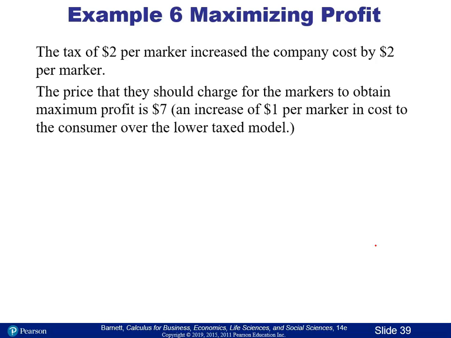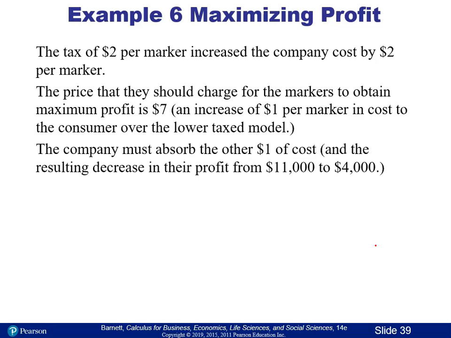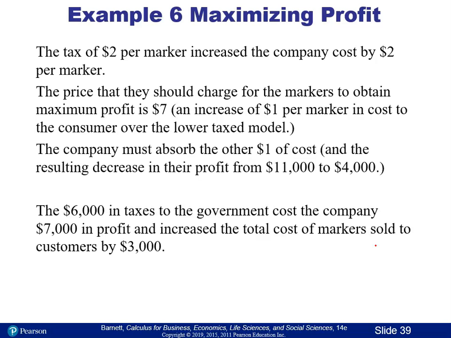Yes, it was an increase of $1 per marker in cost to the consumer because of the tax being incurred as part of the cost. So basically, $1 of the $2 tax increase is getting absorbed by the company. The other dollar is getting passed on to the consumer in that particular situation.